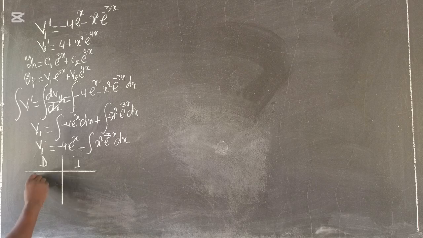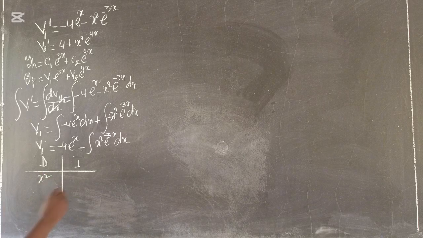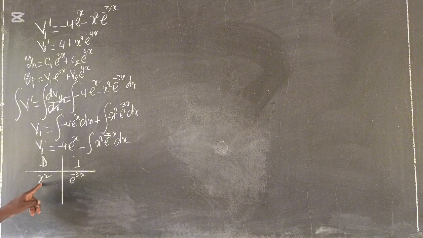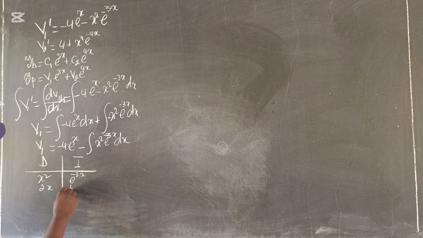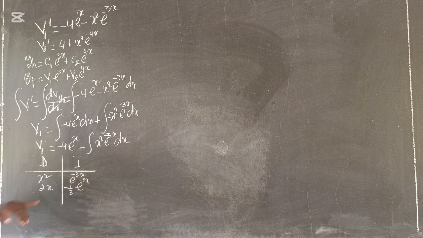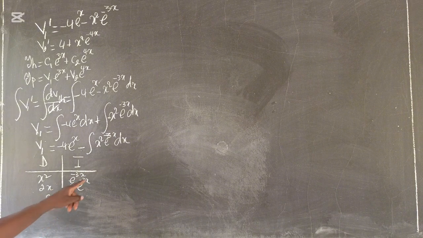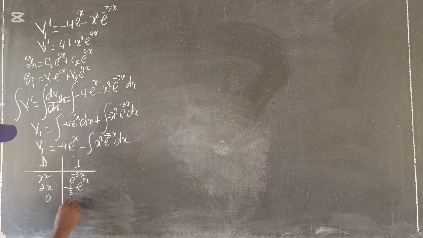We have x squared and here we have exponential of negative 3x. The derivative of this will be 2x, while the integral of this is minus 1 over 3 times the exponential of negative 3x. The derivative of 2x is 2, but the integral of this is 1 over 9 times exponential of negative 3x.